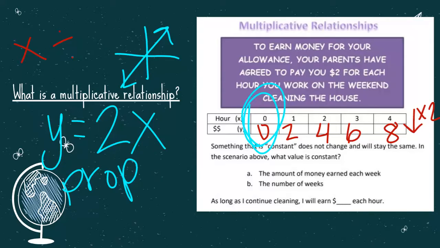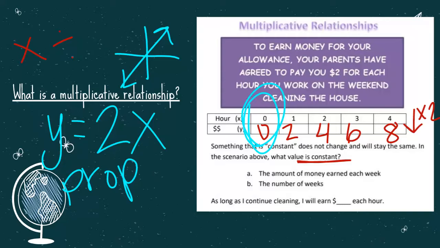Something that is constant does not change and will stay the same. In the scenario, what value is constant? The amount of money earned each week or the number of weeks? And this, I'm going to harp on something constant.